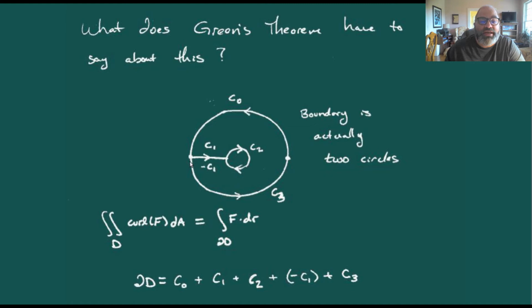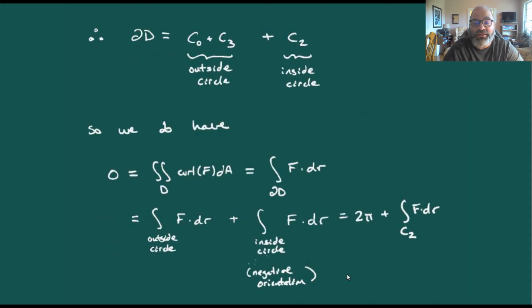So we've got C1 and negative C1, because we're reversing the orientation on that one. Then we come back along curve C3 to get us back to our original starting point. So the boundary of D looks like C0 plus C1 plus C2 plus negative C1 to get us back out, and then plus C3. The C1 and negative C1 cancel each other out, and so our boundary ends up becoming C0 plus C3 for the outside circle, and then C2 just for the inside circle.